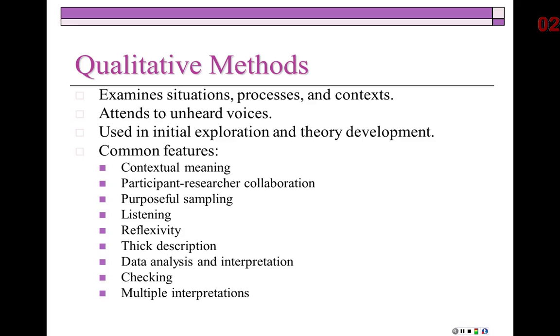So again, all of these common features here come into play. Understanding context, using deep interpretation, listening, purposeful sampling, so on and so forth, right? These all have to do with understanding a particular context or a particular phenomenon in a deep sort of way, using methods that are textual.